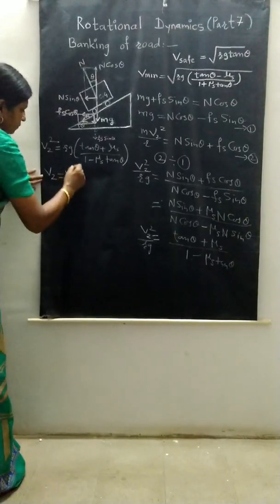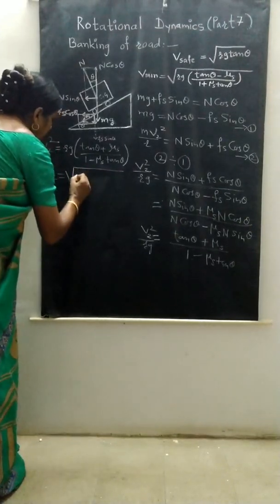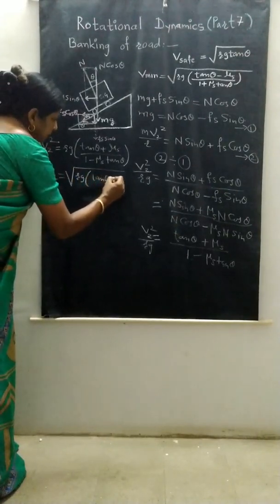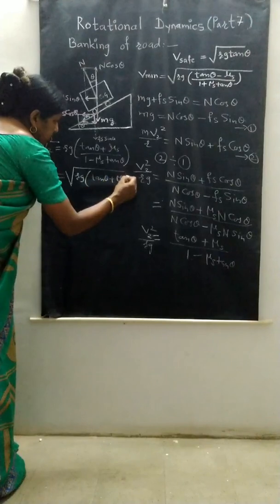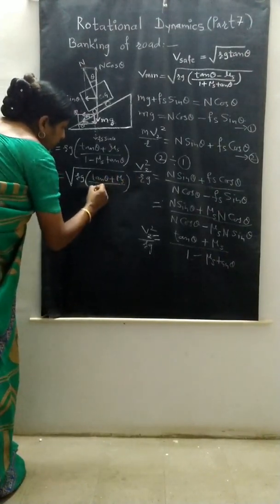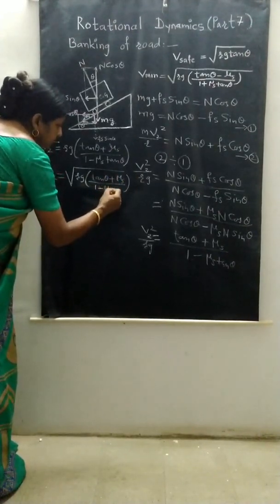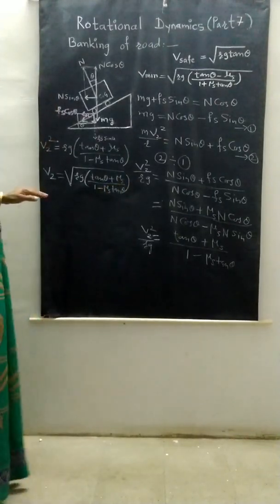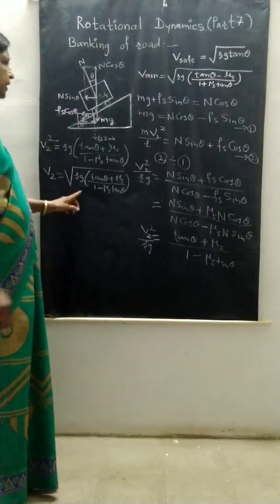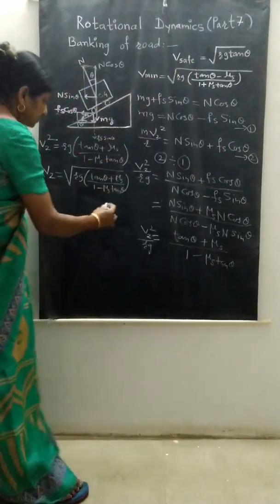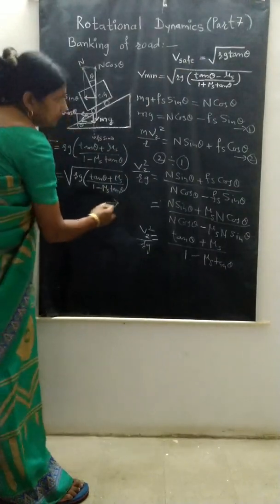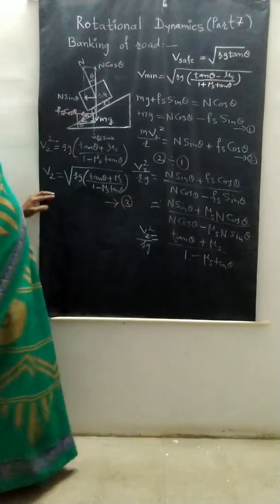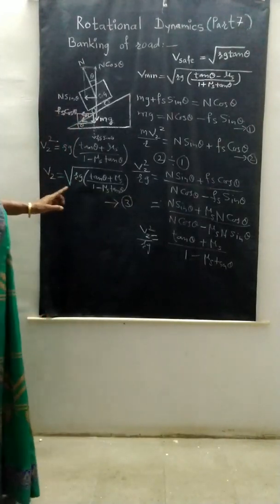V2 is equal to under root of Rg in bracket tan theta plus mu s divided by 1 minus mu s tan theta. Now again compare these two equations. Equation number 3, we may call it, this is the upper speed limit.